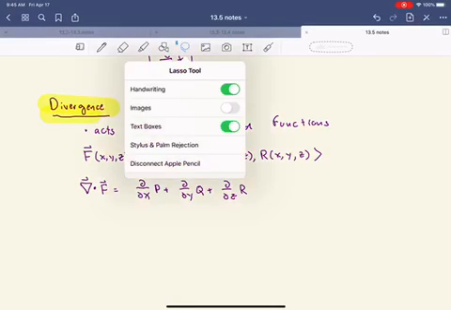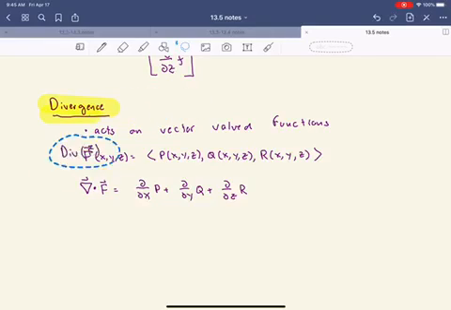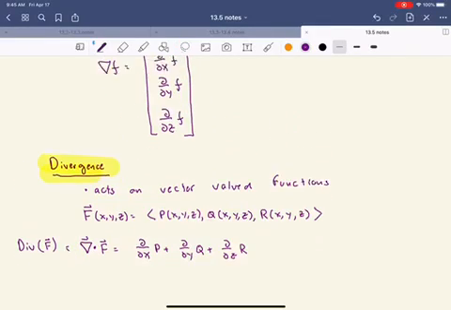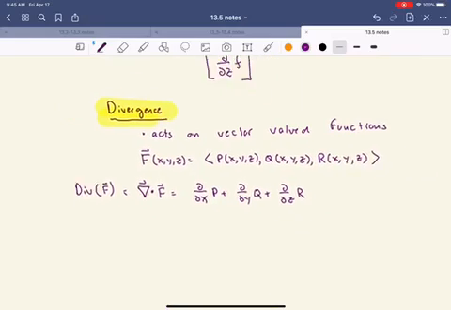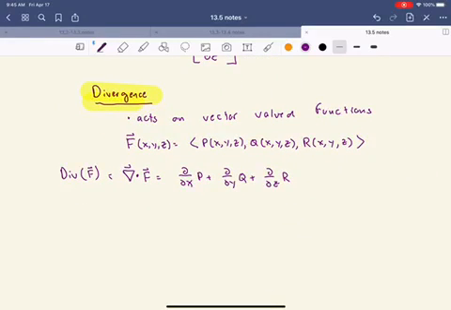Just like up here, you might have seen this as like the grad of f. Particularly older books use that notation.